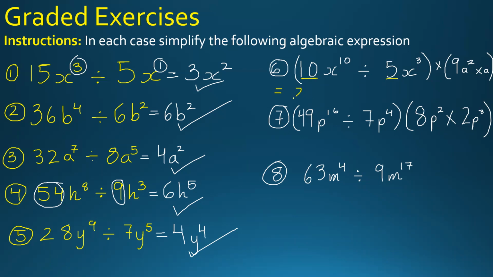So I put the 9 with the 2, 2 times 9, which would have given me 18. So I put the 18 down, and I put the x. So I minus the 10 and the 3, which would have given me 7.